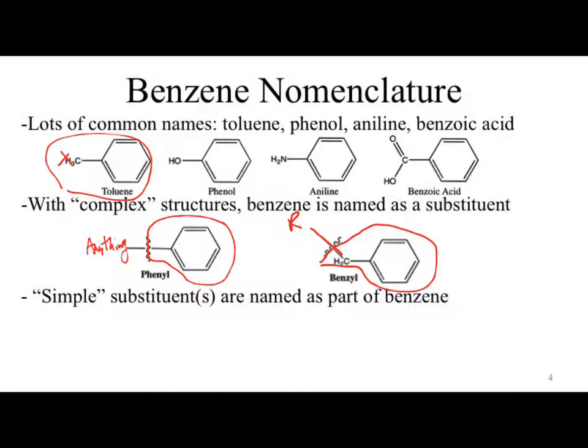This substituent gets called benzyl. Okay? Not to be confused with phenyl, not to be confused with phenol, not to be confused with benzene. Okay? I did not come up with these names. It's not my fault. Okay? So you are responsible for recognizing those differences within those structures.